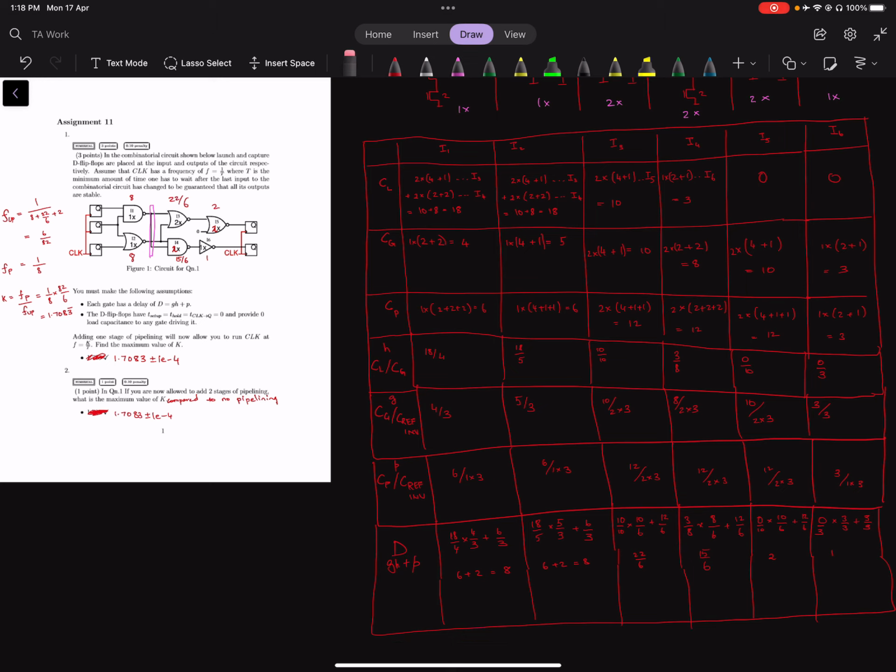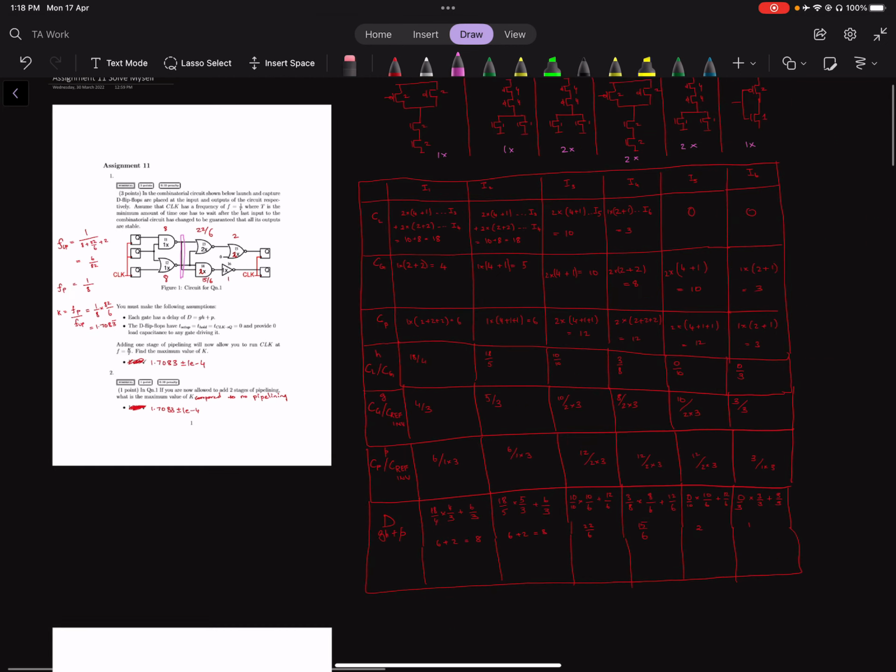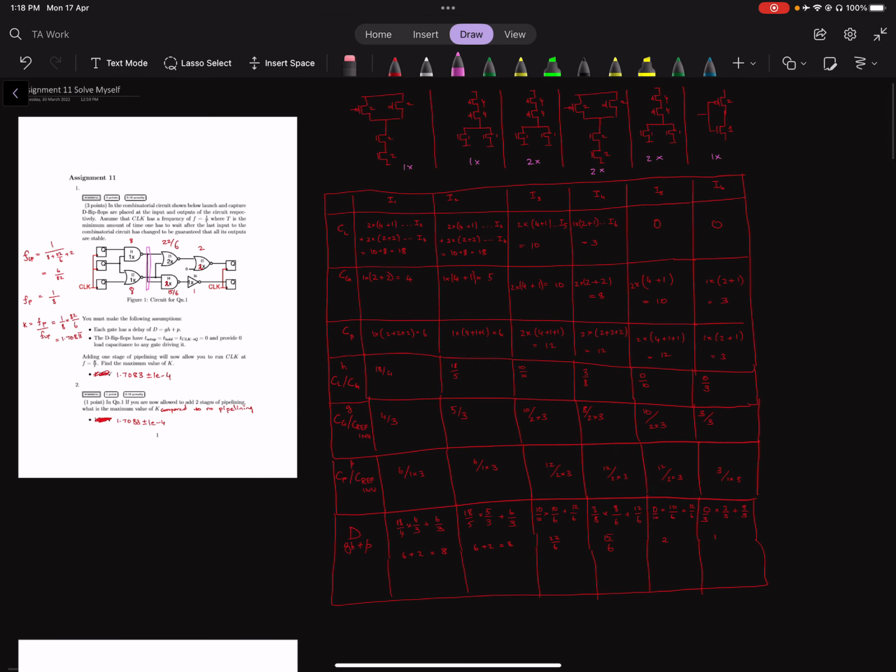You can pause the video at this point to see if you are able to relate the columns for I2 to I6 to what I just explained in the calculation of the entries in column I1, right? But the end result will be that you will get the delay values for each gate based on the load cap that it's driving and the size of the gate.